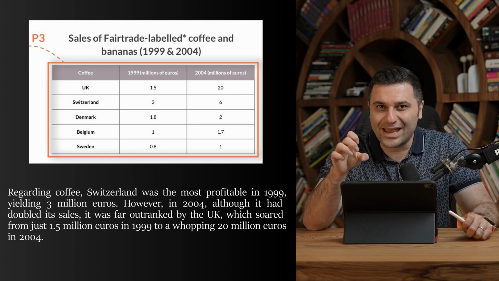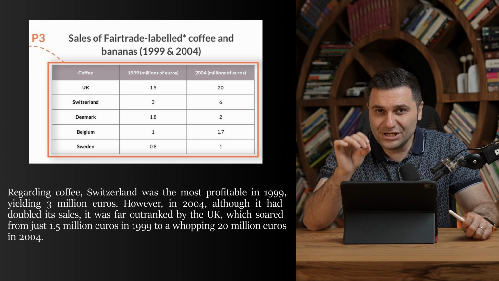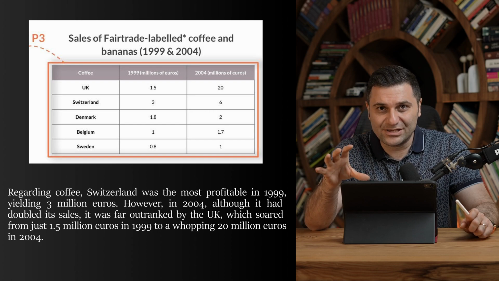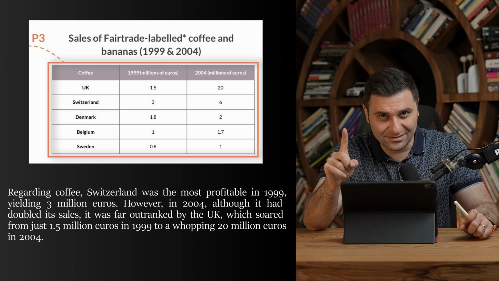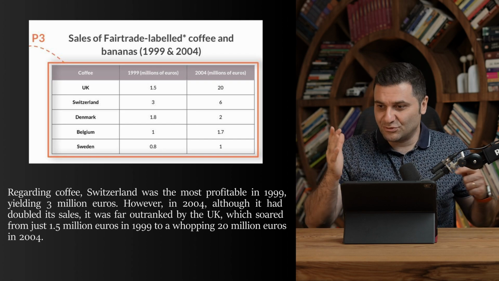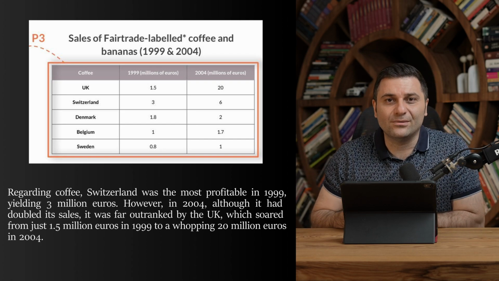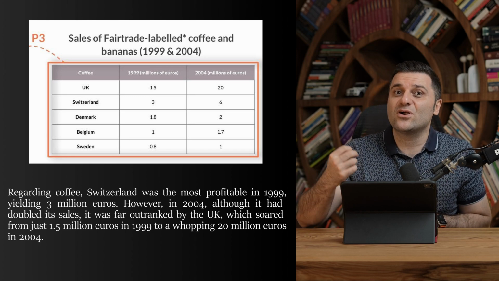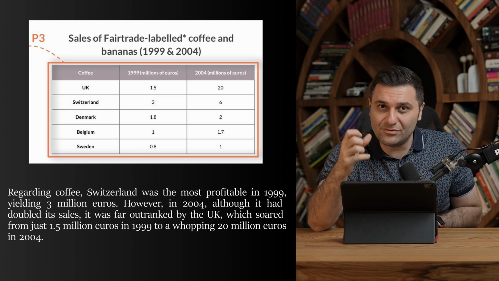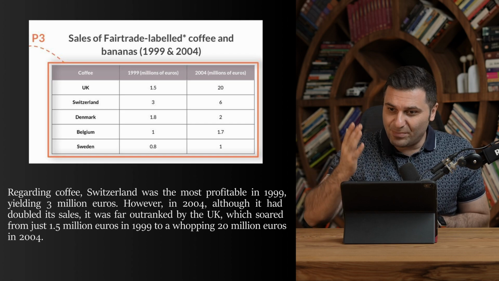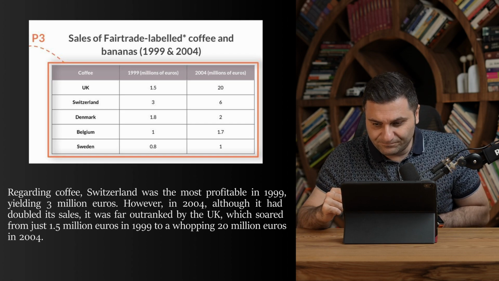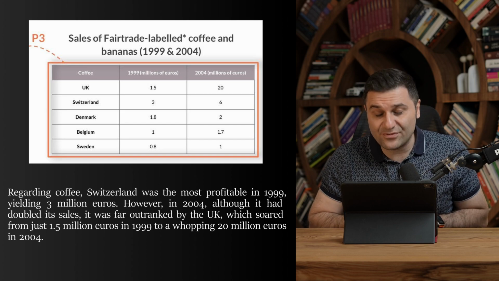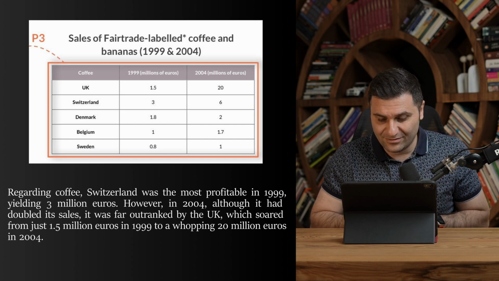This is how I analyze data, how you should analyze data. So working on 2 countries in just 1 sentence. So I mentioned that Switzerland, although it doubled its sales from 3 to 6, was far outranked by the UK. Now I'm referring to the UK. The beginning point was 1.5, and in 2004 that was 20, right?